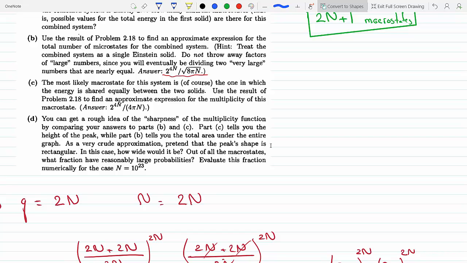So if I use a very crude approximation where my shape is a rectangle, the area of the rectangle is height times width. The height is the answer from part C, which is the most likely microstate. Answer B is the area of all these microstates. So if I divide the area by the height, I would get the width of the peak.